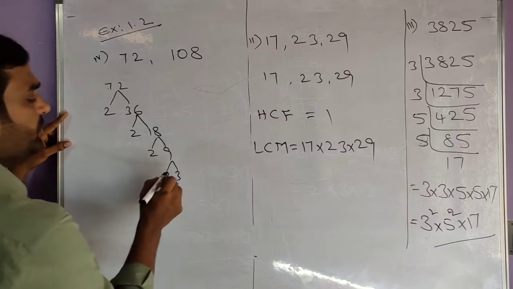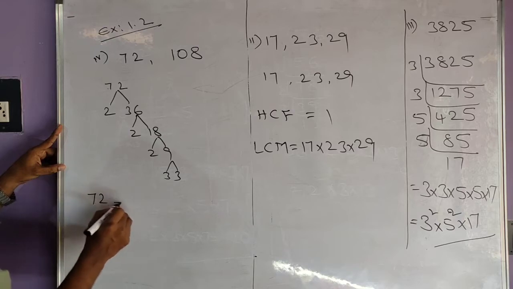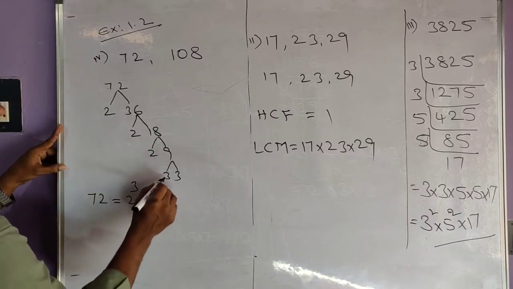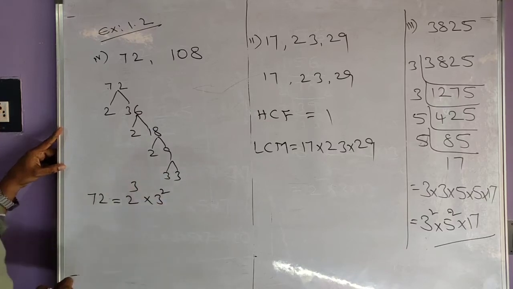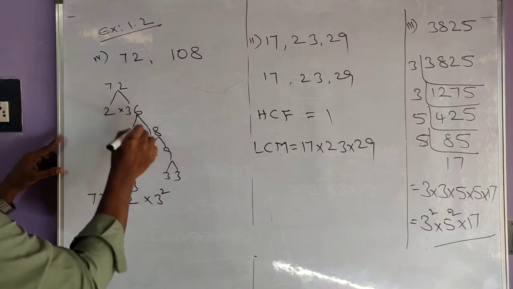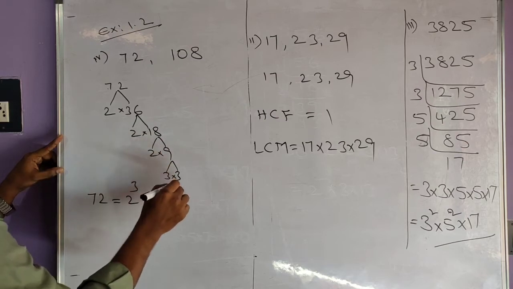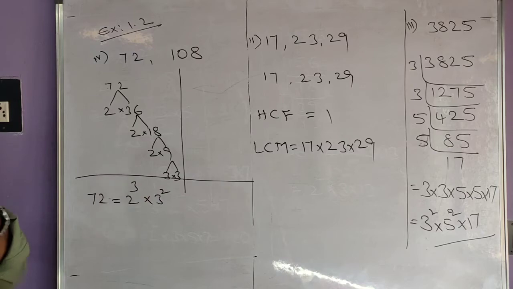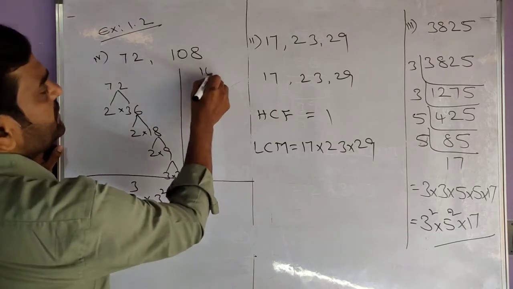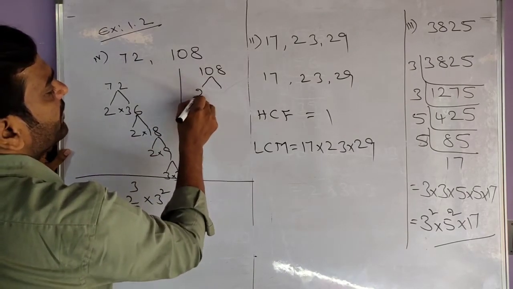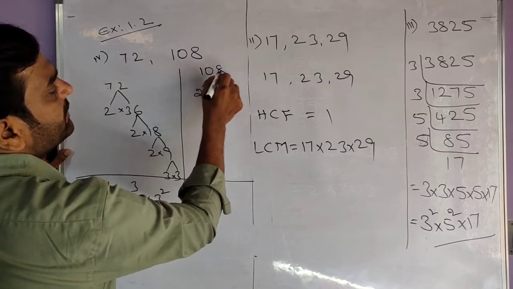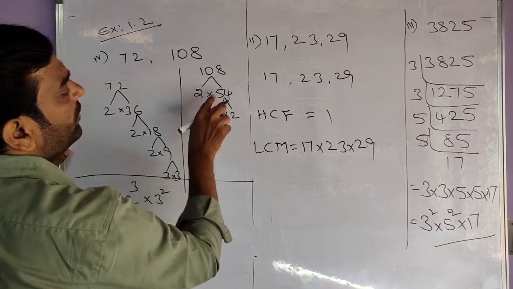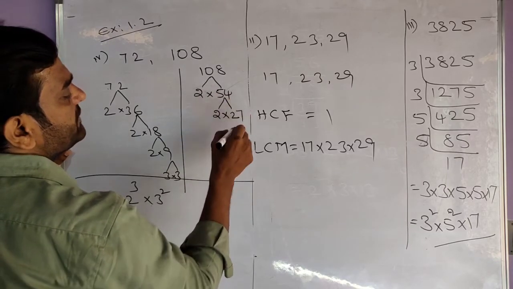So 72 can be written as 2 cube and 3 into 3, 3 square. Now coming to 108. 108 can be written as 2 into 2 5s are 10, 2 4s are, 2 2s are 4, 2 7s are 14.